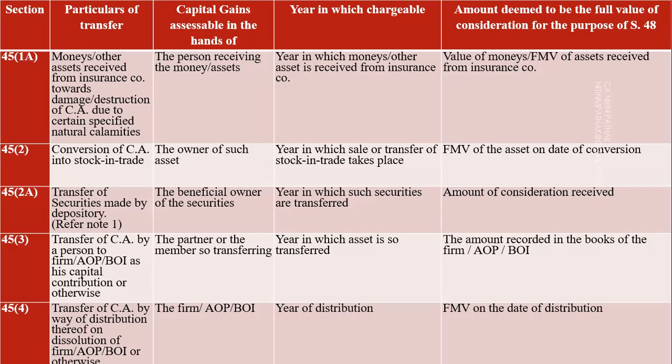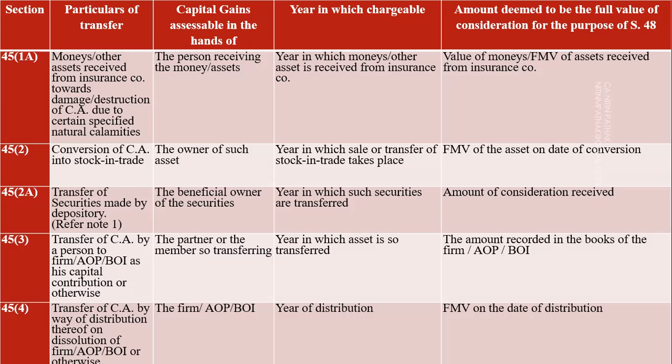Transfer of capital asset by way of distribution on dissolution of a firm or AOP or BOI or otherwise. Suppose ABC is a partnership firm. On dissolution, it distributes shares to A. The fair market value on the date of dissolution is 80 lakh.